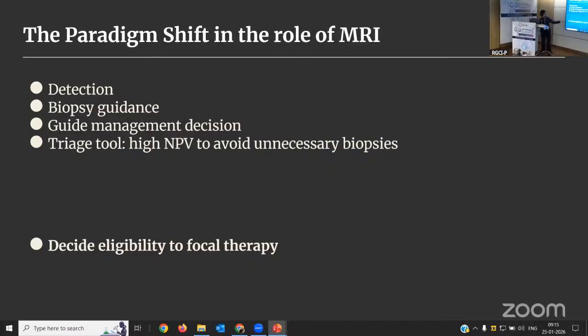So now MR has come into action in deciding eligibility for focal therapy. This is a new challenging domain. We now have to give answers to whether MR can really help in selecting patients for focal therapy, or whether we can rule out focal therapy in a certain set of patients based on MR.